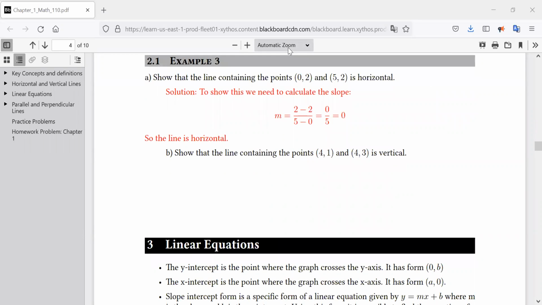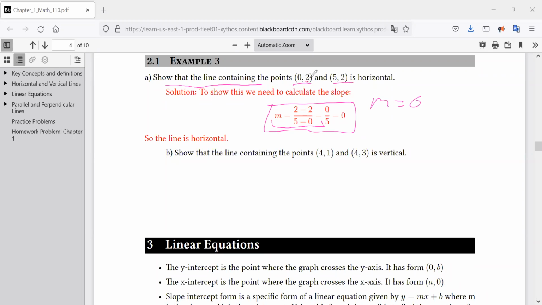So if you want to show that it's going to be horizontal, that makes perfect sense, because we just have m equals 0. We can plug that into our classic equation for finding the slope of a line, and we'll just get 0, right?